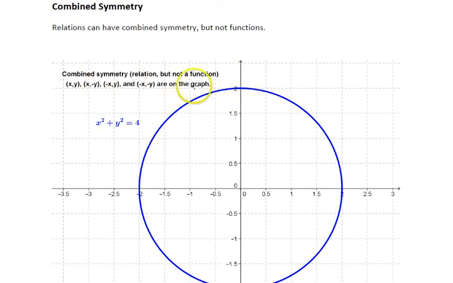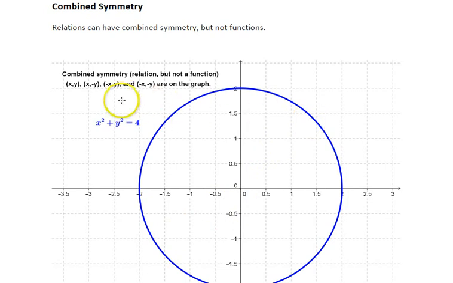Here we have a circle, x squared plus y squared equals 4, and this circle has y-axis symmetry, x-axis symmetry, and whenever a relation has both y-axis and x-axis symmetry, it will automatically have origin symmetry as well, because the y flips it over here and the x flips it down there, and that's equivalent to origin symmetry.